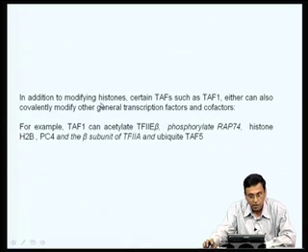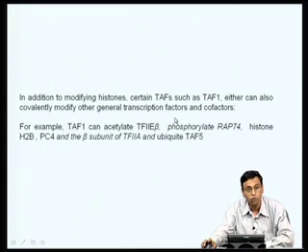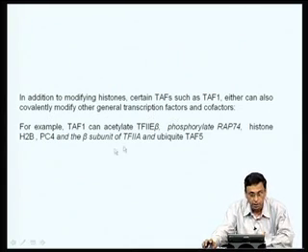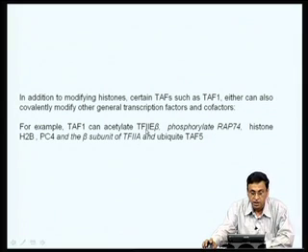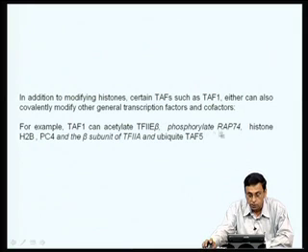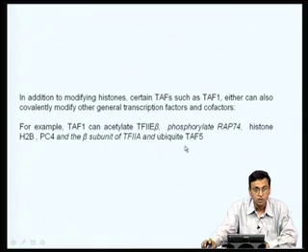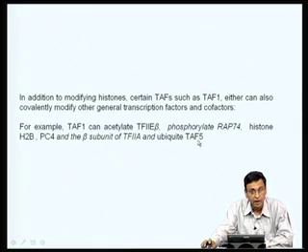In addition to modifying histones, many of the TAFs such as TAF1 can covalently modify other general transcription factors and cofactors as well. I will give you one example. TAF1 can deacetylate one component of TF2E. It can also phosphorylate an RNA polymerase associated protein called RAP74. It can also modify histone H2B, PC4 and the beta subunit of TF2A, and there is also ubiquitination of TAF5.